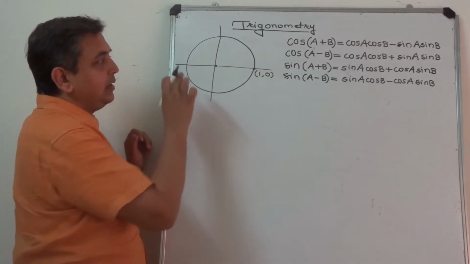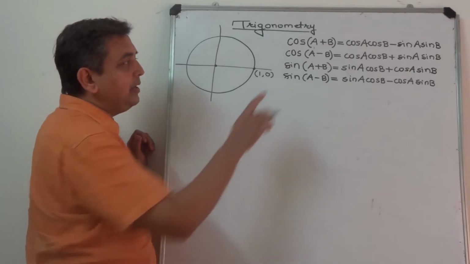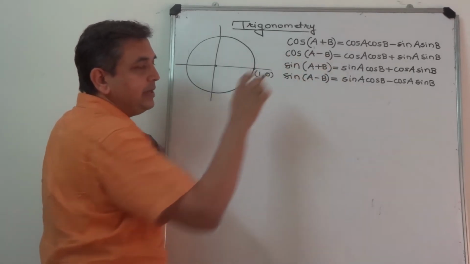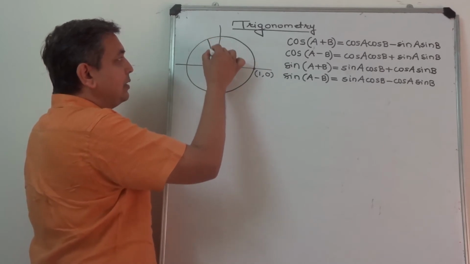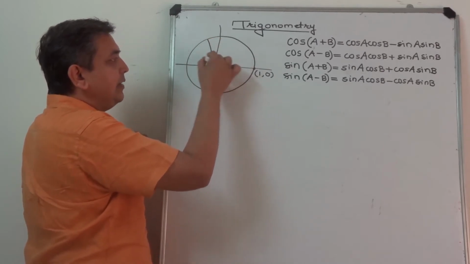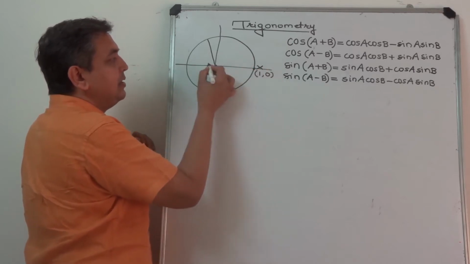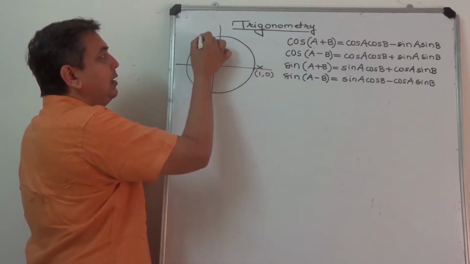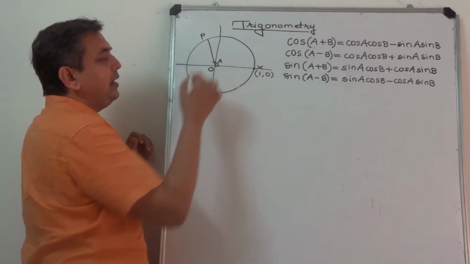Let us take two angles in this circle, angle A and angle B. We are doing A minus B, so we assume A is greater than B. Suppose this is angle A and we say XOP. This complete is angle A.